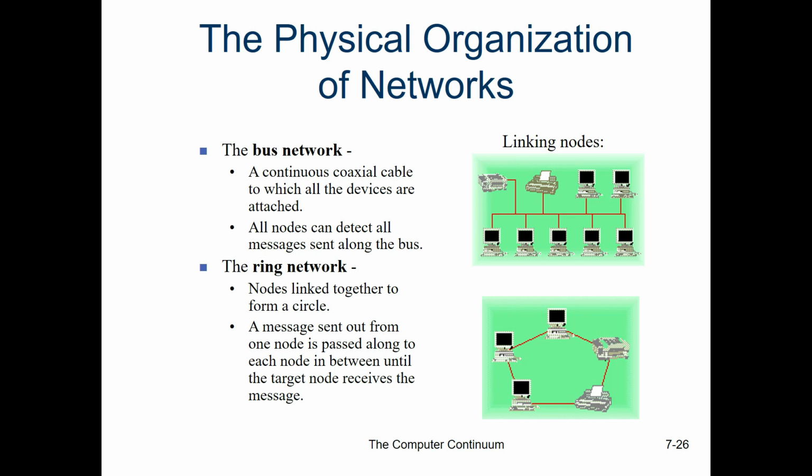A message sent out from one node is passed along through each other node in between until the target node receives it. So how does it work? Let's say you are holding hands with your friends in a circle. I think you must have done that somewhere, and you are just passing something over from one person to another, until it reaches the person who really needs it. So that's how this ring network works.